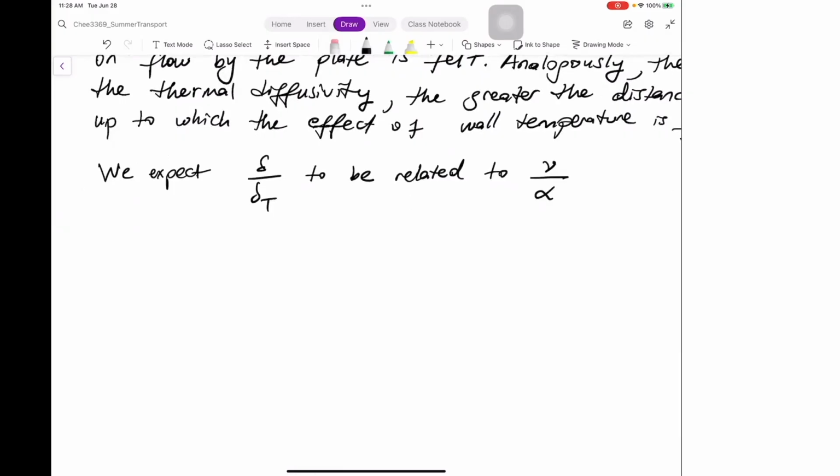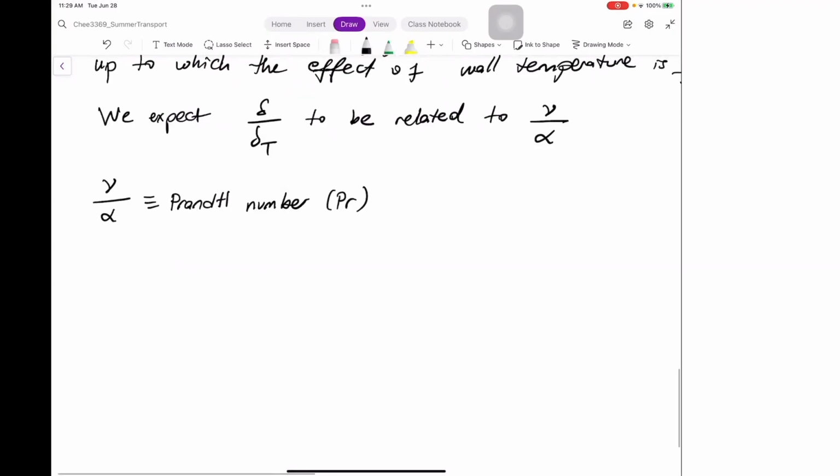And that's a dimensionless number. We have actually defined this before. It's the Prandtl number, which is denoted as Pr.